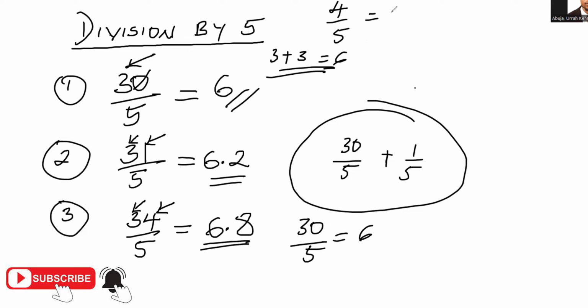I said since 4 cannot divide 5, we have a 0 with a point, and we add this 4 to itself. 4 plus 4 gives us 8. You can check with your calculator or use the long division method. I did a video with long division on this also.